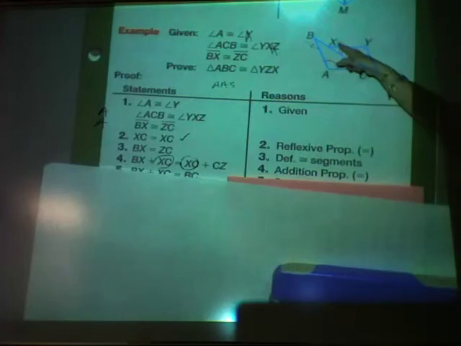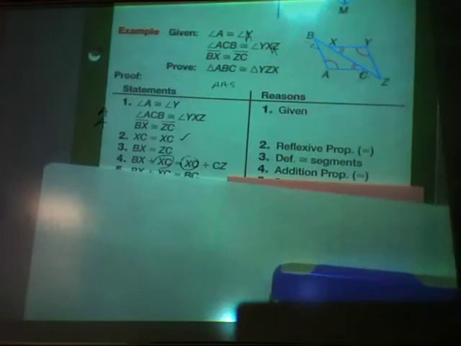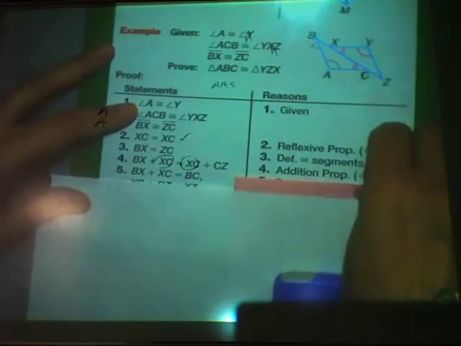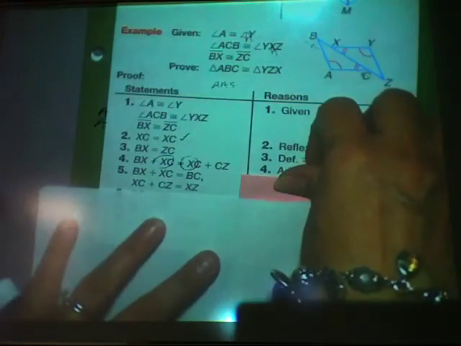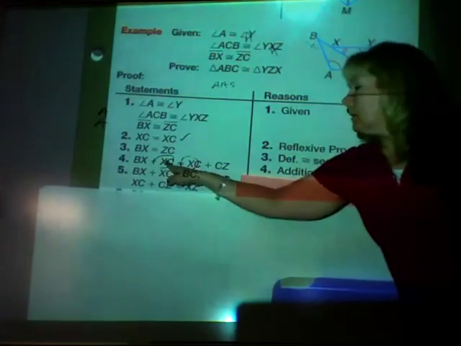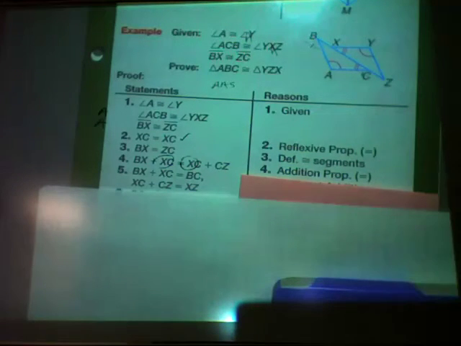And XC plus CZ is the full length of this triangle. So what you're going to see happening is we're going to replace this with some values here. Now we've got this is equal to BC and this is equal to XZ. What is that? That's your segment addition postulate, right?